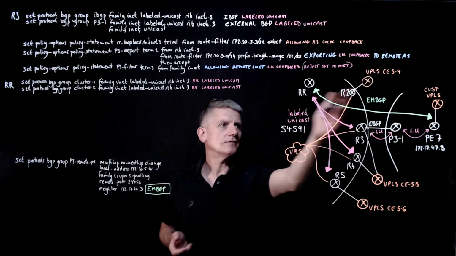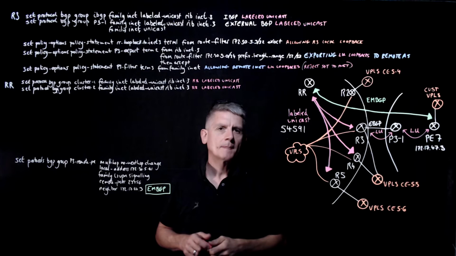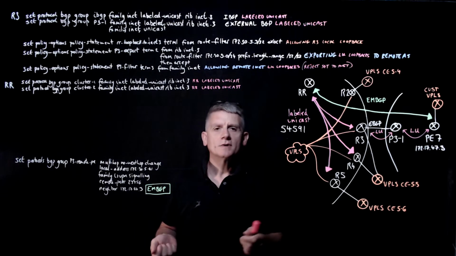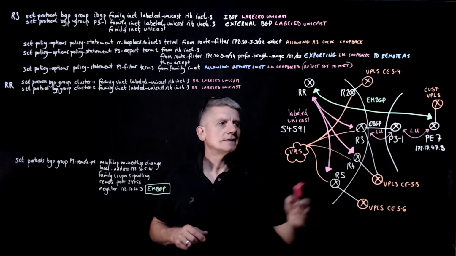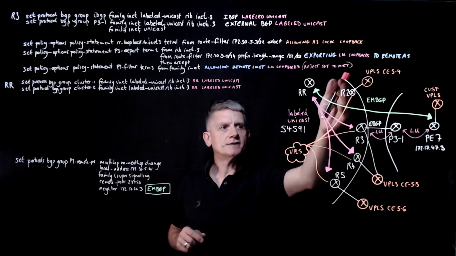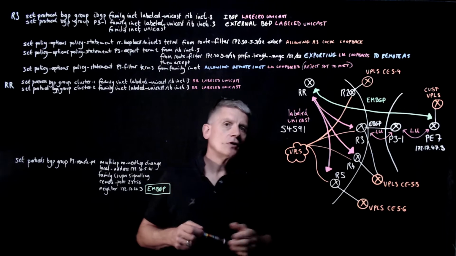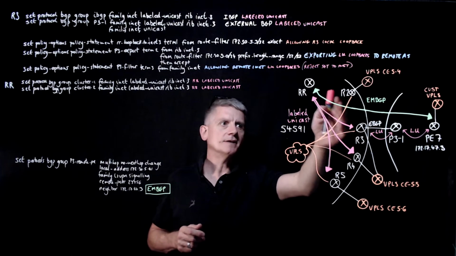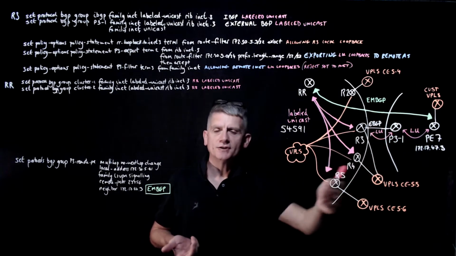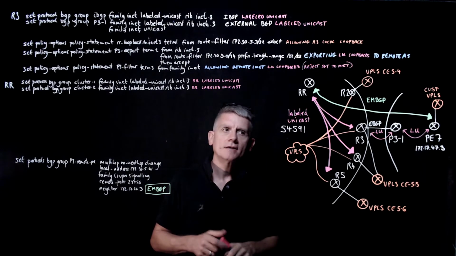So we turn that on from the route reflector to PE7. However, the data plane, once this VPN comes up, is going to require PE7 to be able to connect to 2, 3, 4 and 5, and vice versa. And that requires these particular loopback IP addresses coming out as labeled unicast on the inet.3.